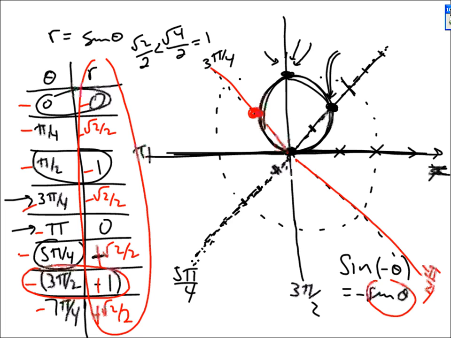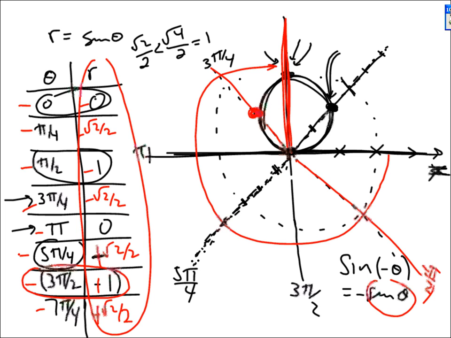Negative 3 pi over 2 is right there. It's this line. And I go 1, which brings me right there. In fact, I'm getting back the same exact circle. Exactly the same circle I'm getting back. And there are reasons I want to erase this.